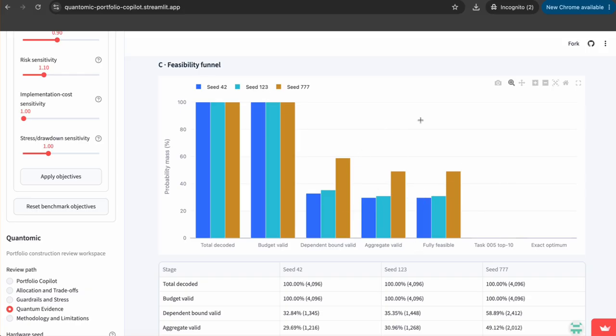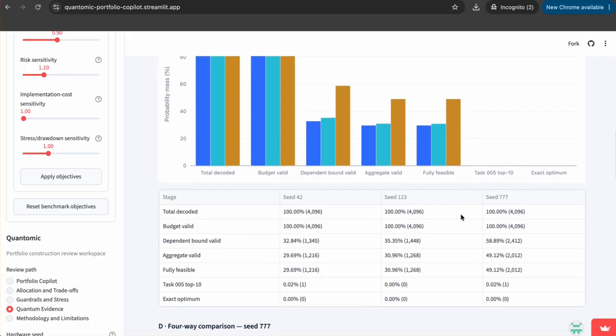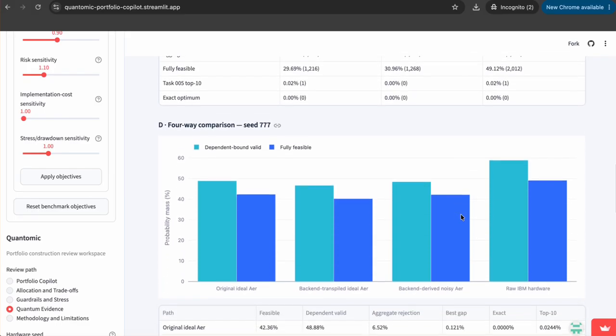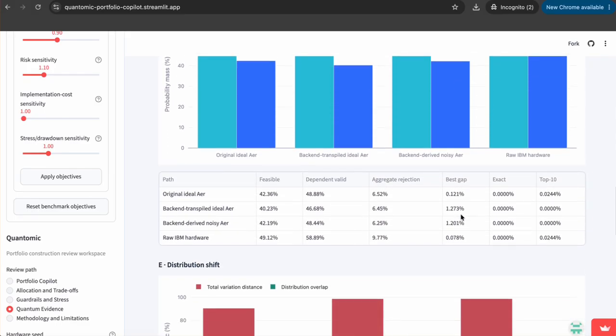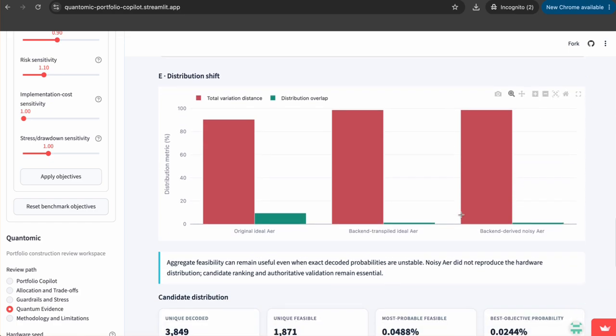You can see the feasibility funnel here. This chart shows a distribution shift.